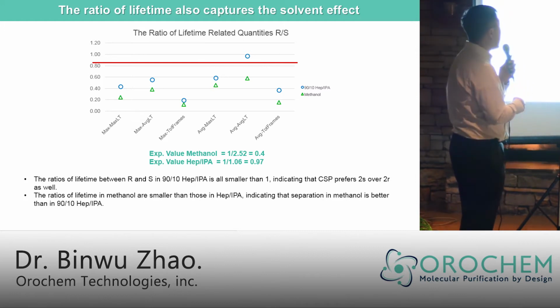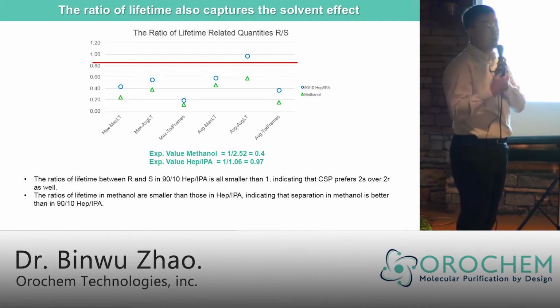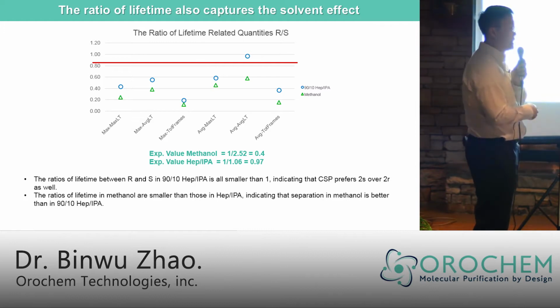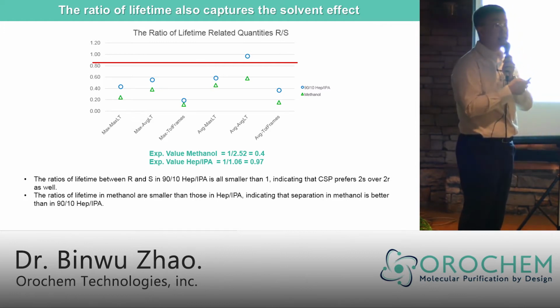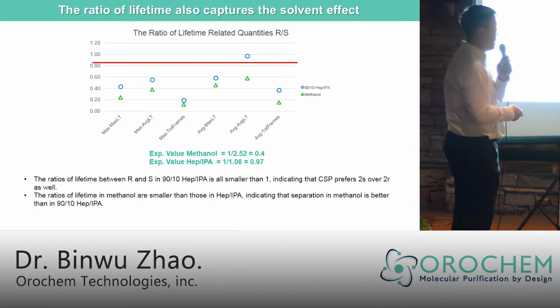What we did is calculate the radial distribution functions of solvent molecules close to the backbone of the CSP. This is basically a quantity that can identify the density of the solvent molecules close to the backbone of the CSP.